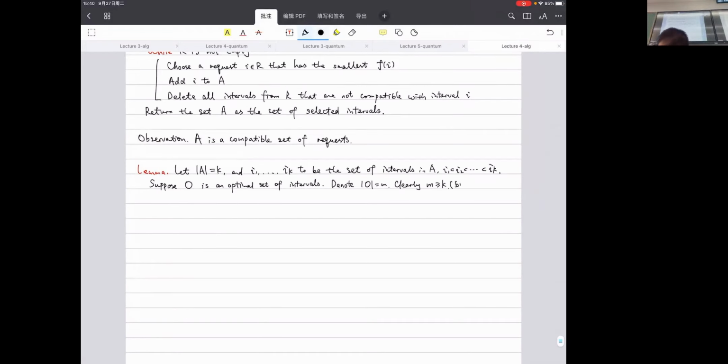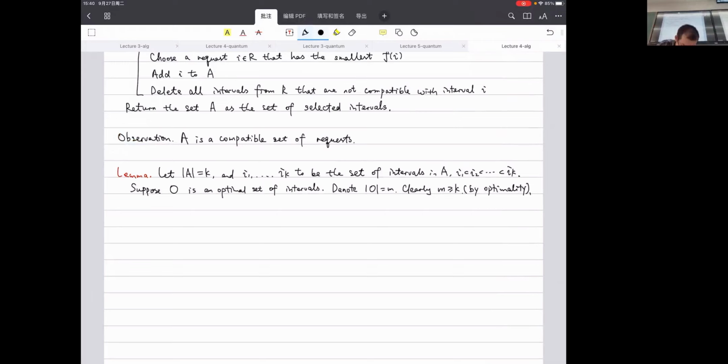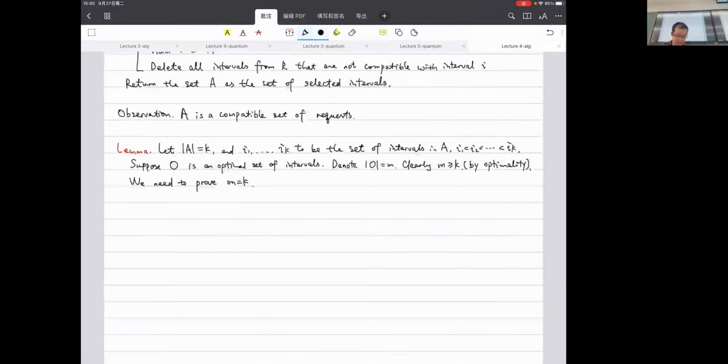Let's see. And actually, we need to prove M actually equals K. So let's prove this.